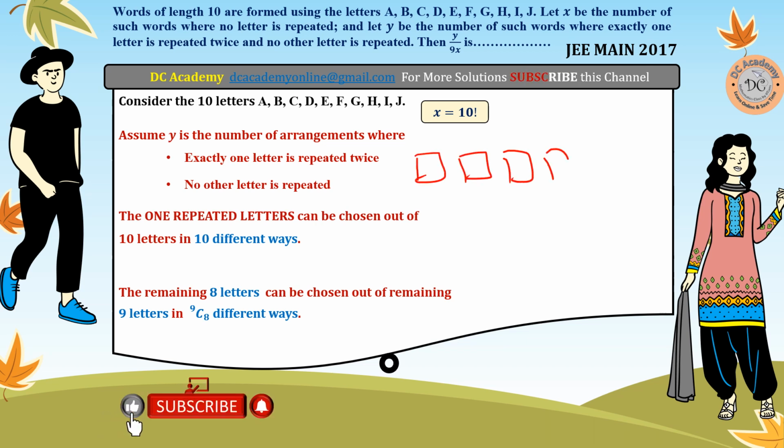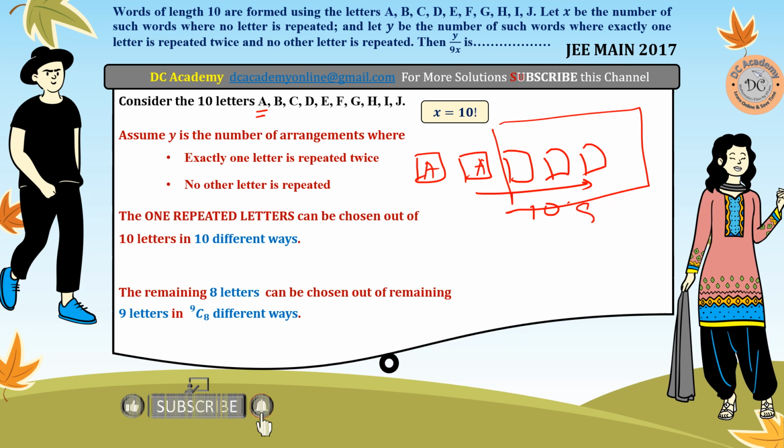Suppose there are 10 boxes, and I consider that A is to be repeated, so I put 2 A's at the beginning. I can put A in any other places, but let's keep it as the first two boxes. How many boxes are left? Obviously 8 boxes are left, and these 8 places need to be filled by suitable letters.